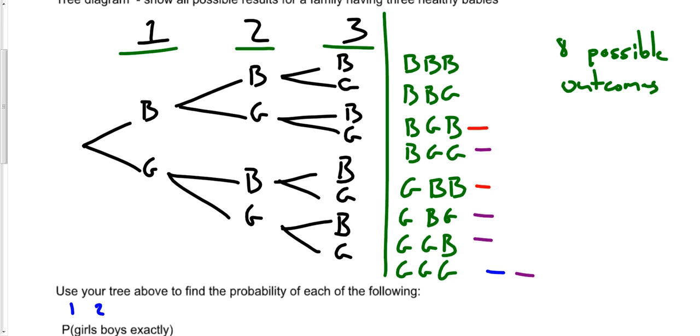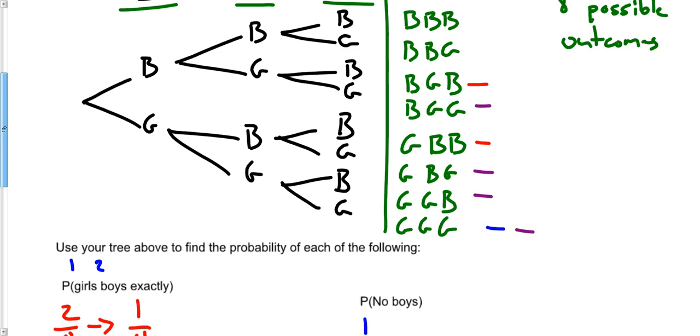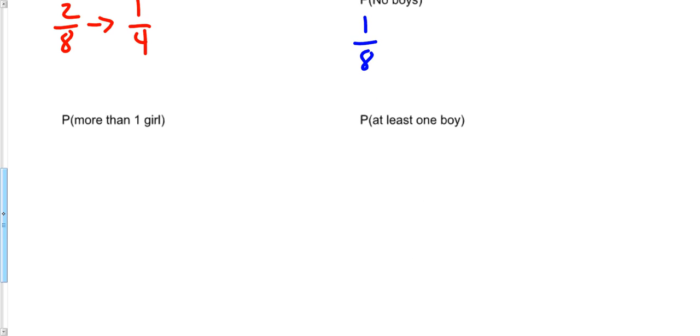So 1, 2, 3, 4. So in 4 of the 8 situations, the possible outcome is that you would get at least 2 girls. And in lowest terms, that's 1/2. So in half the situations, you could get more than one girl.